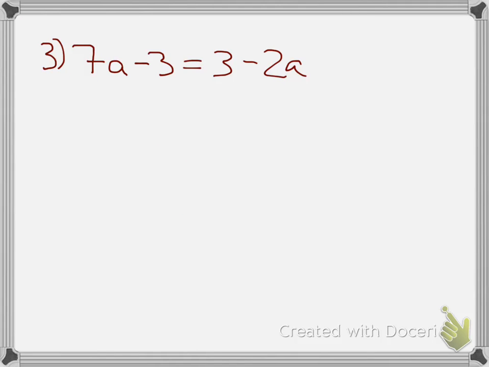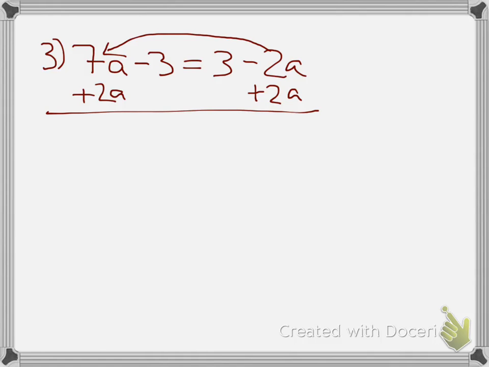Okay, the next problem, 7a minus 3 equals 3 minus 2a. Again, down to 2 terms, so I can move the variables to the right, plus 2a, plus 2a. I get 9a minus 3 equals 3.